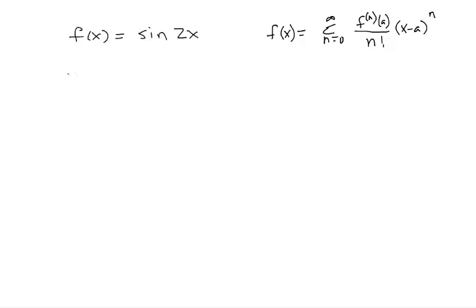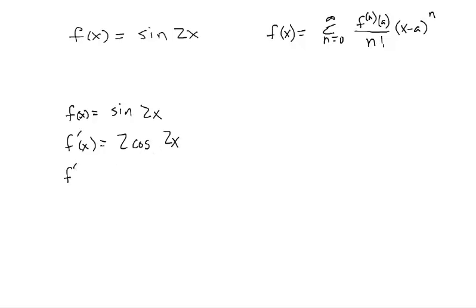So the first thing we want to do is take the derivative enough times to where we can find a pattern. So we're going to have f of x is equal to sine 2x, and now f prime of x is equal to 2 cosine 2x.